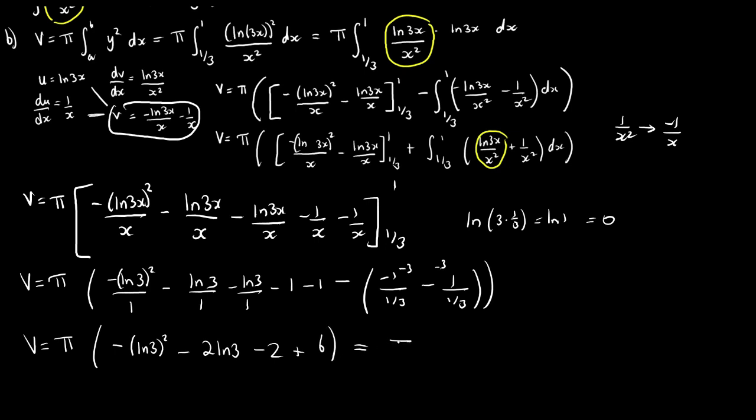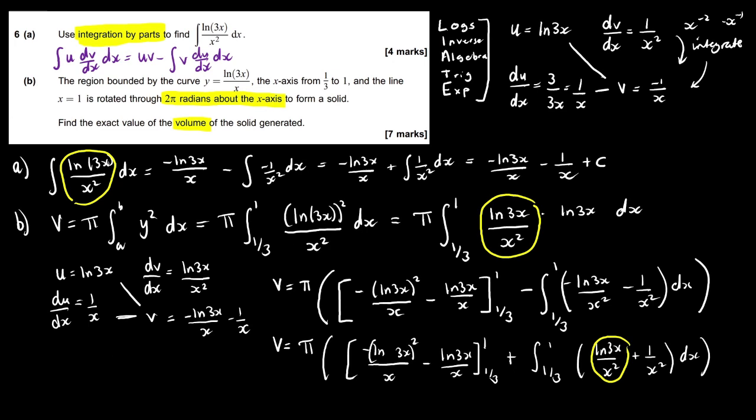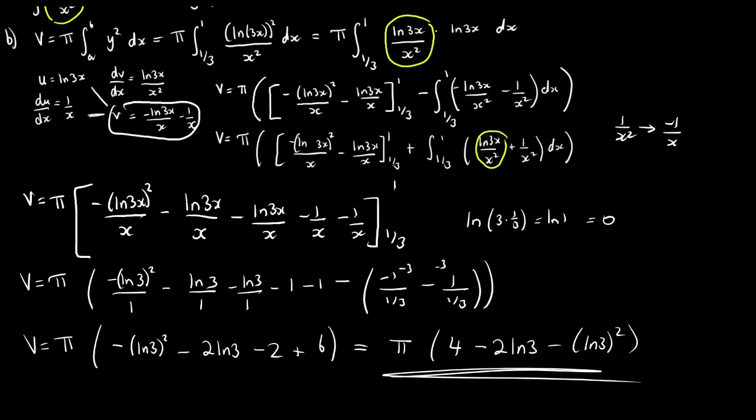So the volume is going to be pi times 6 take away 2, which is 4, minus 2 log 3, minus log 3 squared. That's in the exact form, so you don't put it as a decimal, because the question wanted the exact value of the volume, not an approximate value.